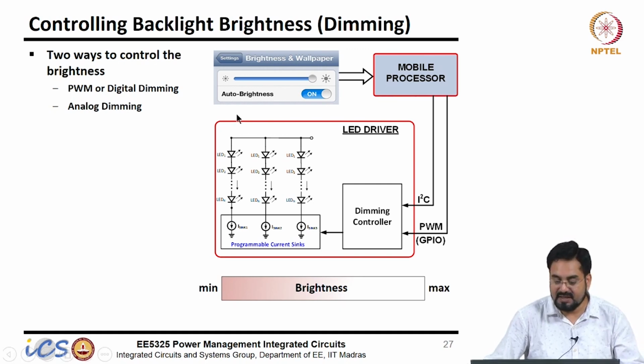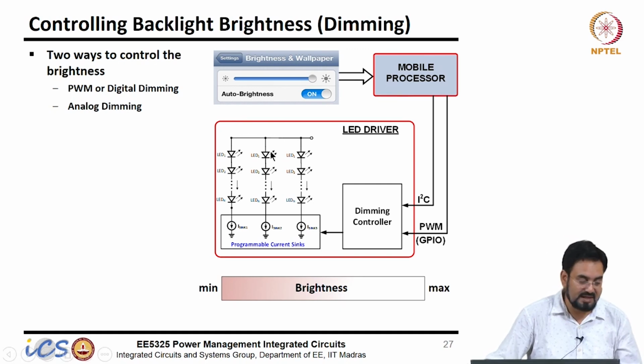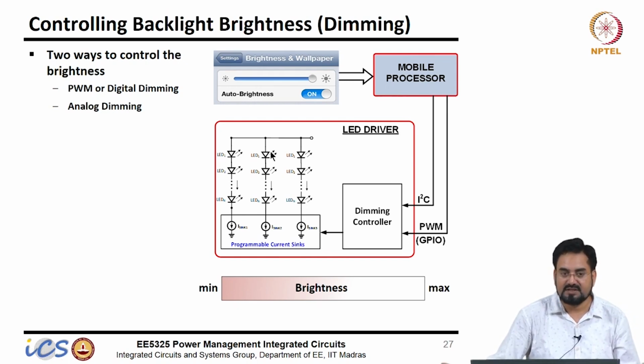Adaptive brightness actually has an ambient light sensor. So the ambient light sensor is there on your cell phone. Let's say I am sitting here under the light, so the light is quite high. In more light you need more brightness to see the display, otherwise it may not be visible, so it automatically increases the brightness.